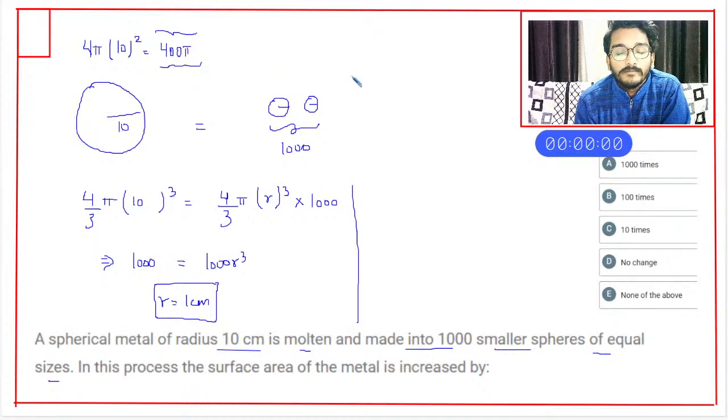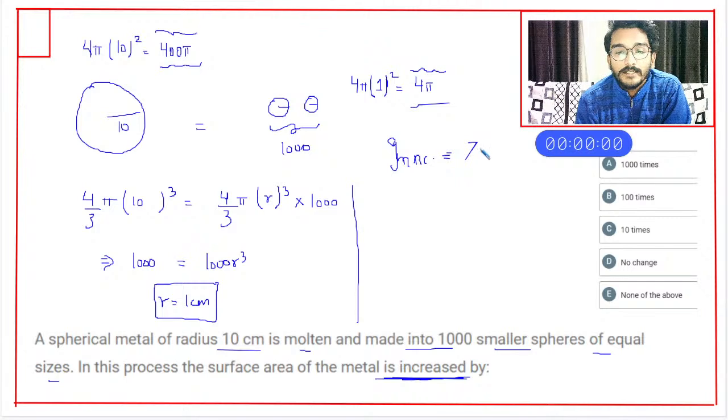And how much does it become? It becomes 4 pi. The new radius is 1. So it becomes 4 pi. How much is the increase that you have to see? It is asking you about the increase. So it is increased by, how much is the difference?